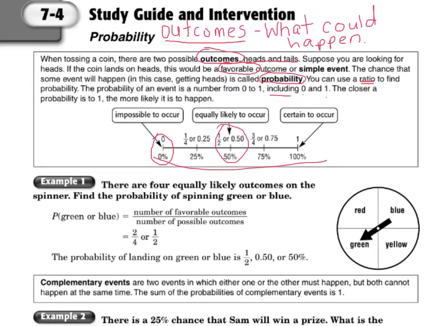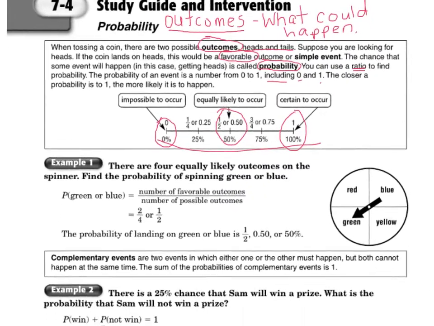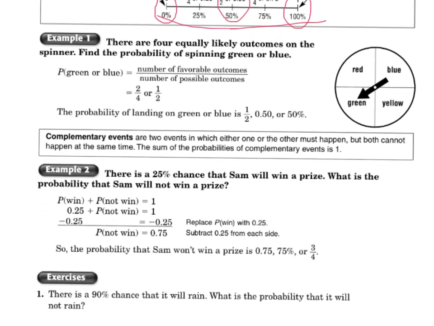That's 1/2 or 50%. And if you have 100% probability, that means it for sure is going to happen. These are a lot like fractions, so since you know how to name fractions, you can do this. It's going to be very easy for you.